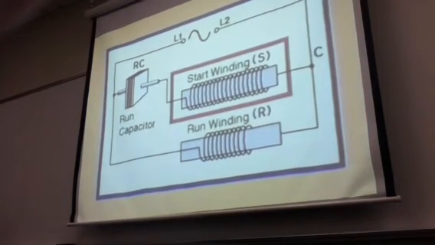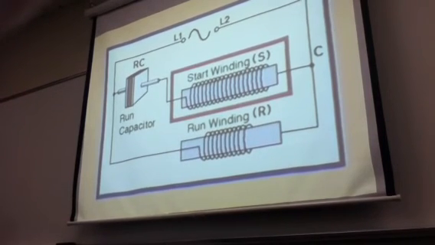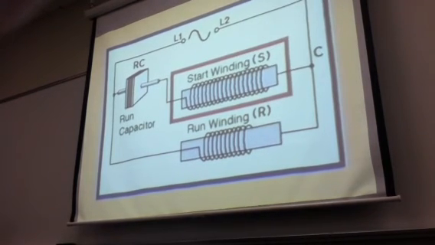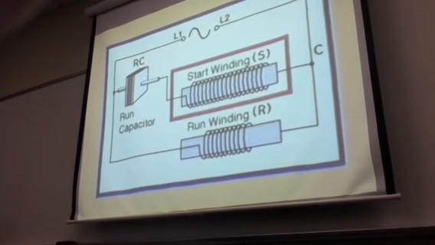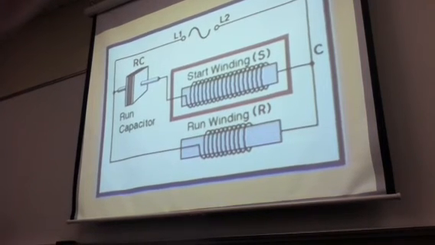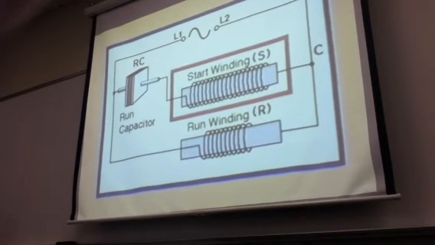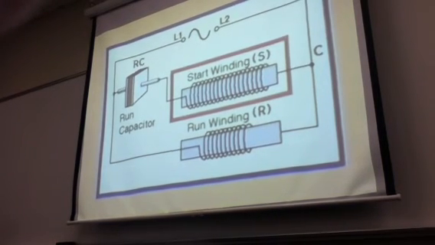The winding in series with the capacitor causes the motor to start, and so is called the start winding, S. The other winding is called the run winding, R. Point C is a common junction where the windings are connected to L2. The capacitor is designated RC to signify run capacitor.